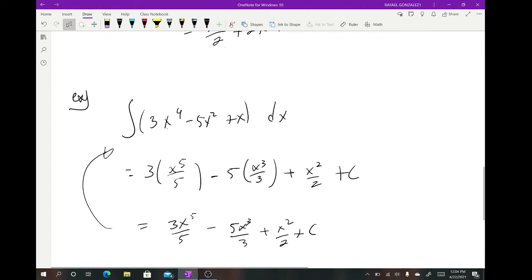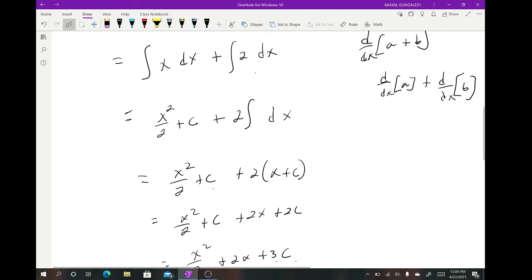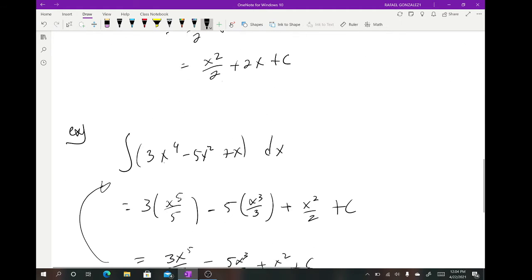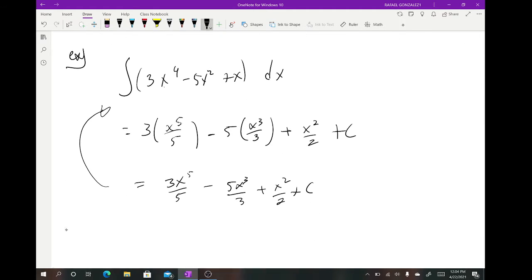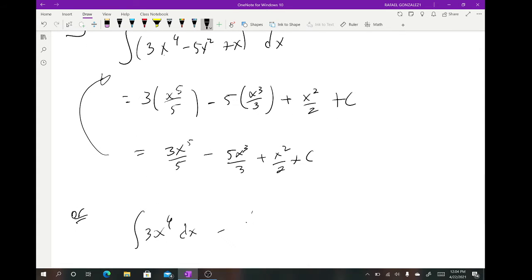So notice that I did that much faster, obviously because I know how to do it. But if you're still practicing, then you should definitely split them up. You could have split this up. So let me write, or, you could have done the integral of 3x to the 4 dx minus the integral of 5x squared dx plus the integral of x dx.